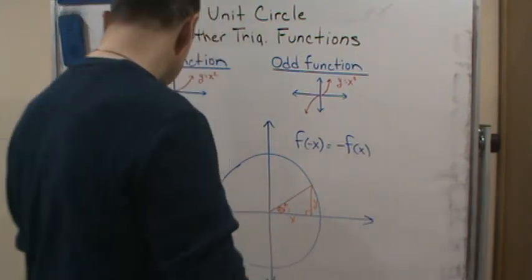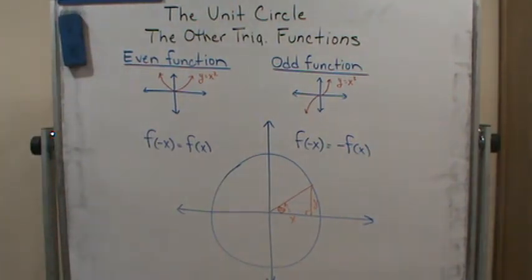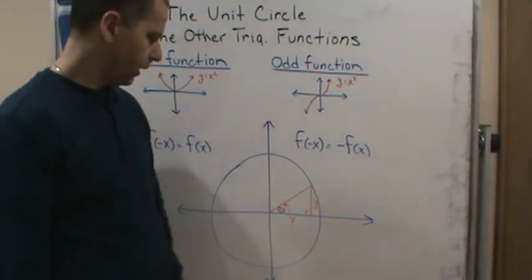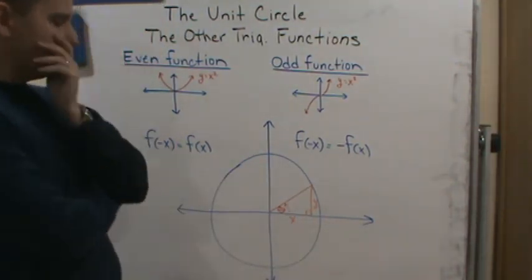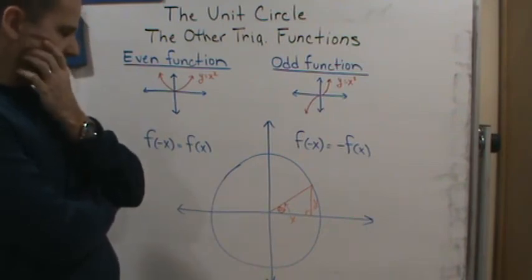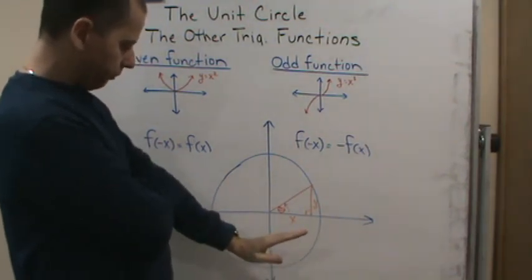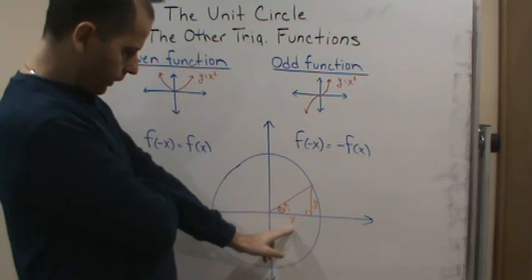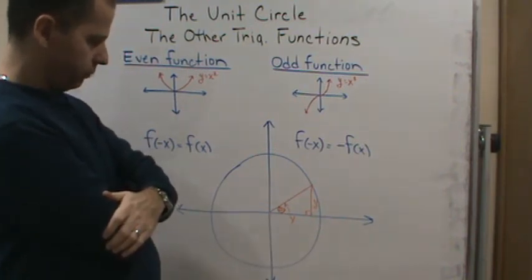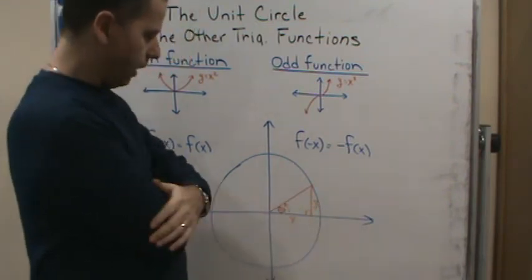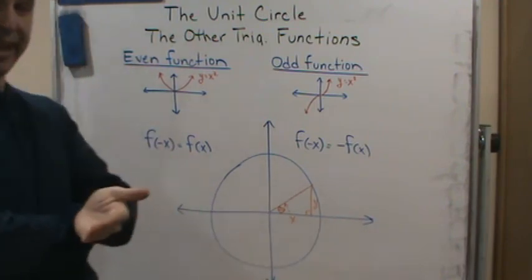Okay? Now, how does that work with trigonometric functions? Well, it turns out, I should say, that we have something similar with trig functions. So if you use the unit circle here, then we can see that there are certain functions that if I plug in an opposite value of x, or if I plug in the opposite value of y, then I'm going to get the exact same thing out.